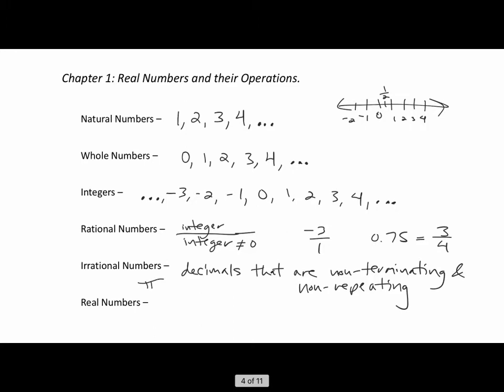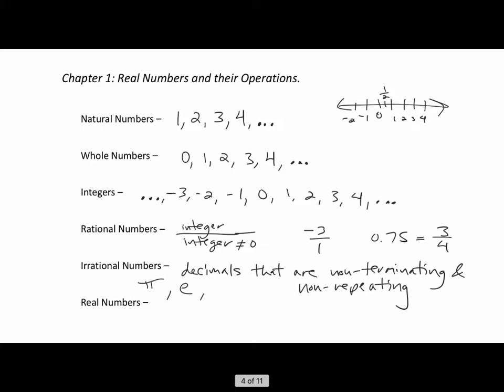That's a number that is a decimal. It doesn't ever stop, and it doesn't repeat the same number. Another number is e. It's a constant number, 2.71, etc. The decimal places never stop, and they don't repeat.